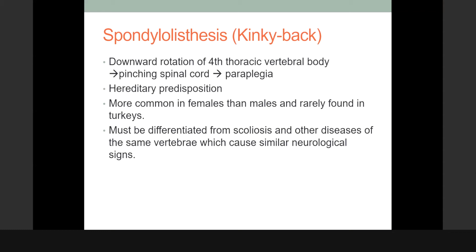If you notice, someone with scoliosis usually doesn't stand straight; they lean to the side a little bit. So that is slightly different, but they can lead to the same neurological conditions.